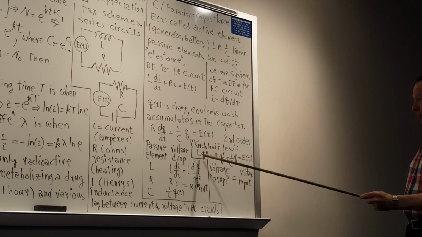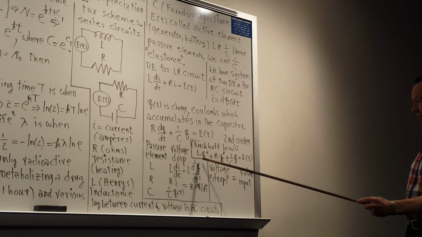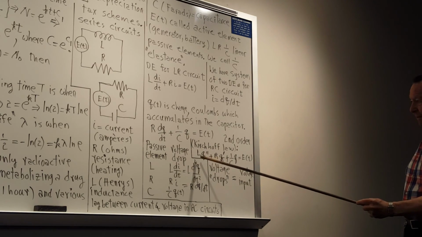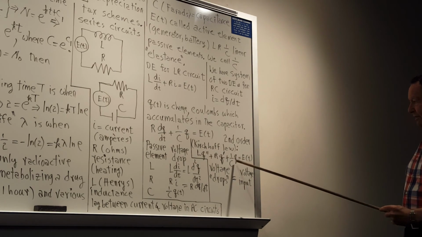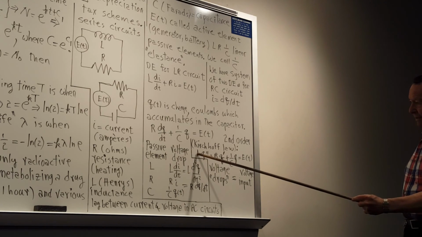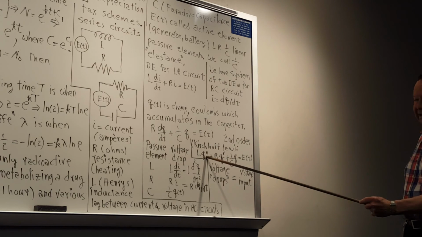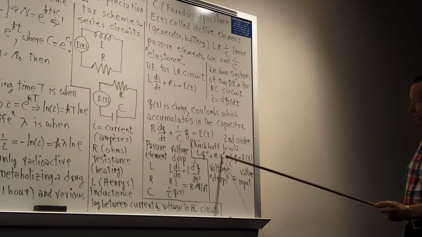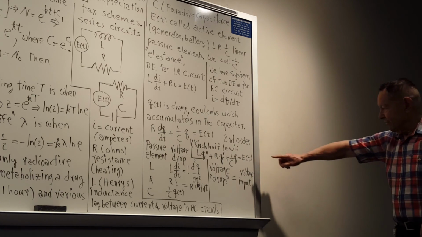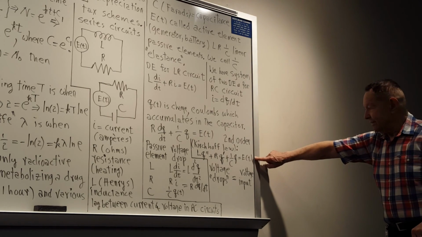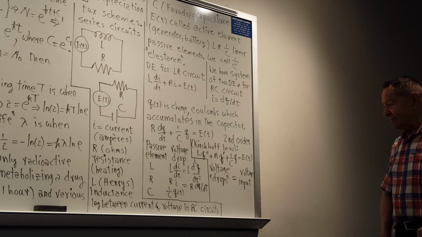So if you put this all together, you get a second order differential equation where the charge is the variable: L Q double prime for the second derivative, plus R times the first derivative of charge, plus elastance times charge equals what comes out of the active element, the generator or the battery.